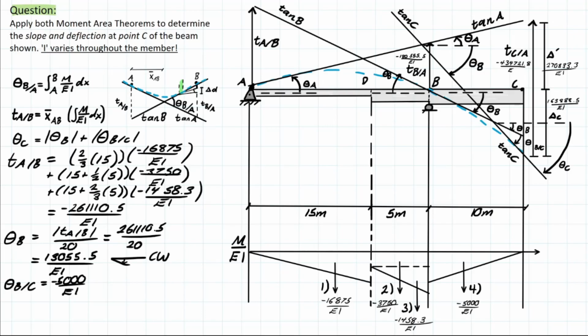And we just go ahead and finally plug into our theta C formula, which will be equal to 1 over EI pulled out, 13055.5, and that's for the theta B that we just solved for, and we are adding that 5,000. Once again, taking the absolute values, right? Leaving us with a final value for theta C of 18055.5 over EI.